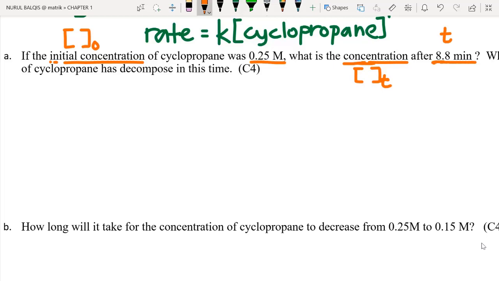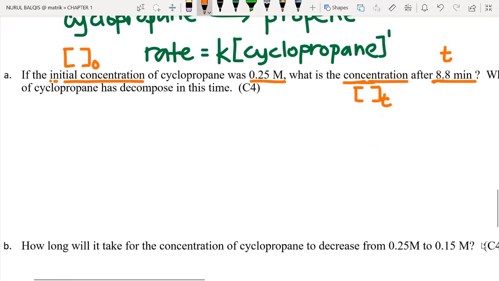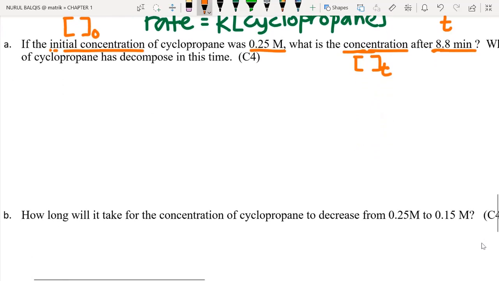No, again, we have 2 types of concentrations now. So the only formula left is integrated rate law. So since it is a first order reaction, then we can simply take the first order integrated rate law, which is ln concentration.